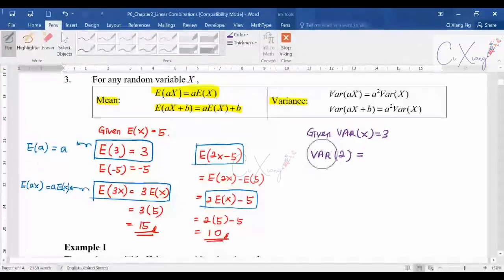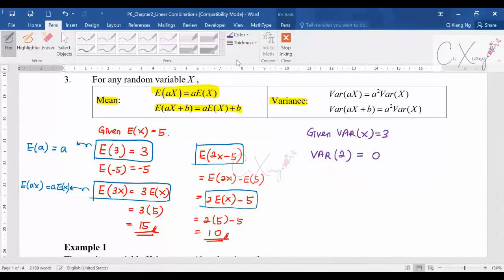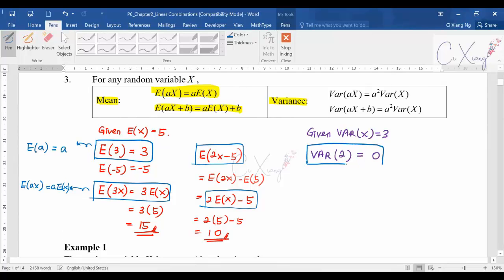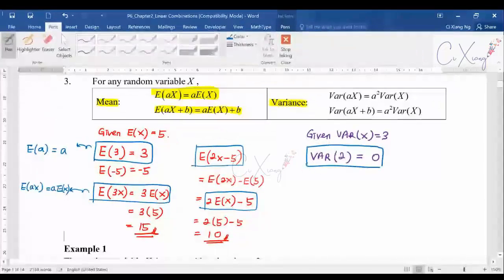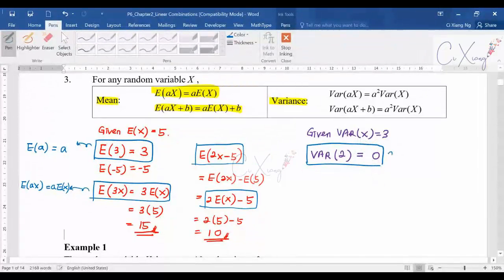What's the value for variance of 2? It is always equal to 0. First I want you to compare this with the E. E(3), you get a 3. Variance of a number, you get a 0.